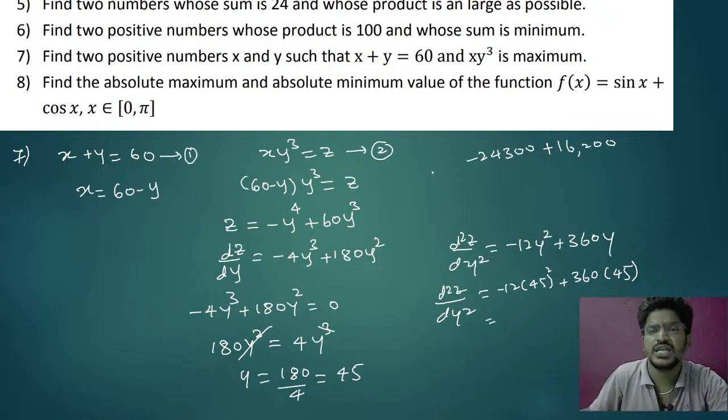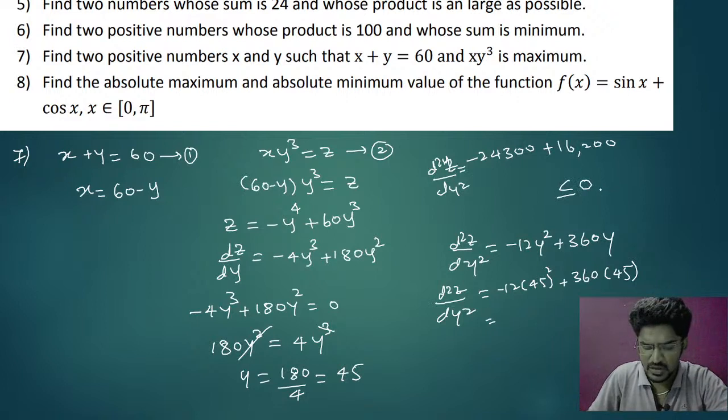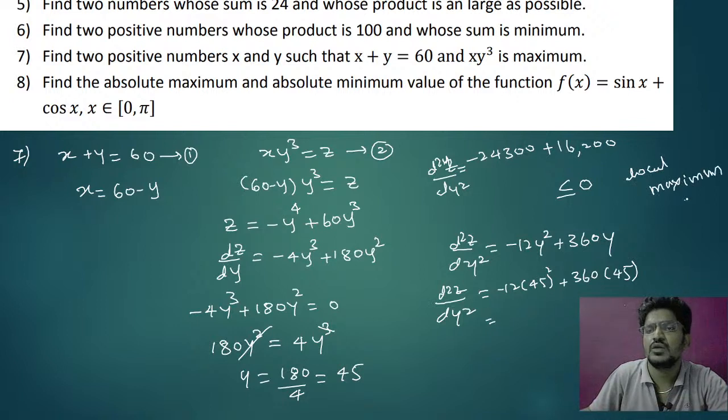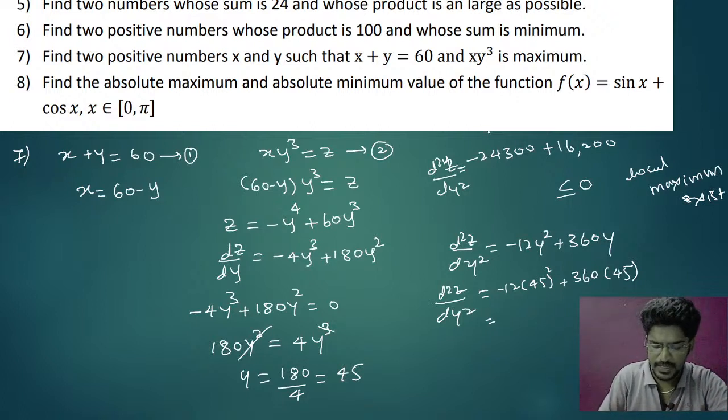So you can check that d square z by dy square is lesser than or equal to 0, therefore local maximum exists. Because they have given local maximum exists, you have to satisfy that.